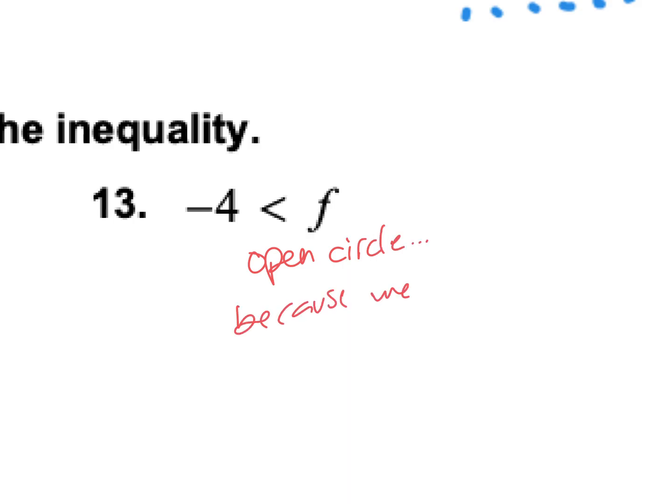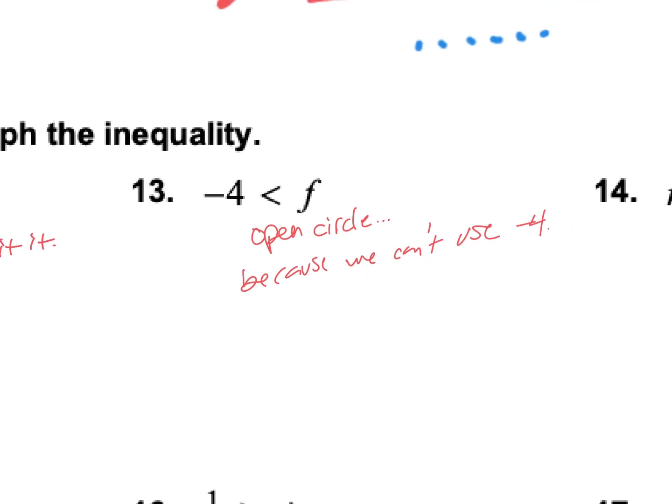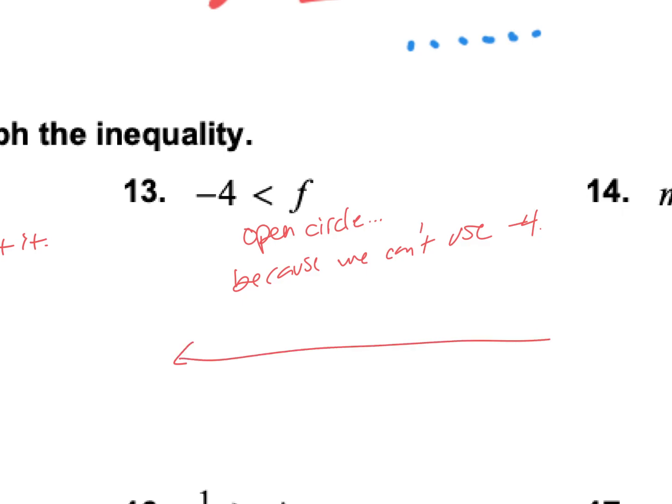because we can't use -4. We don't actually hit -4. And if you're like, what the heck does he mean by hitting? Again, here's my number line. All right. -4 is on the graph. Let's ask the question. Is -4 less than -4?